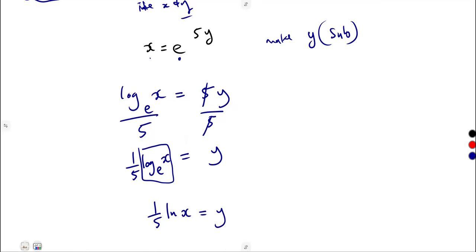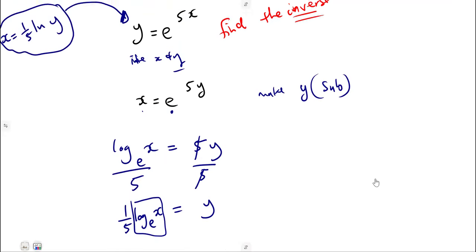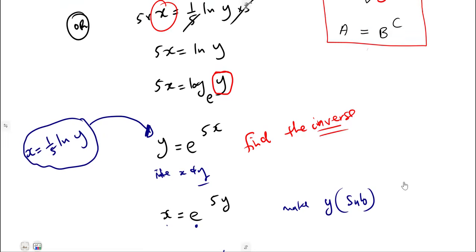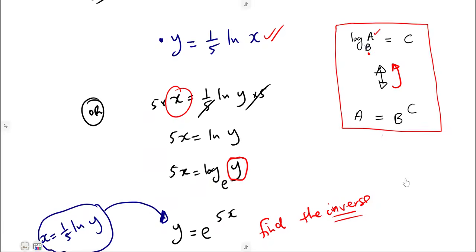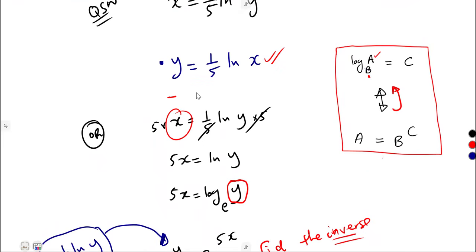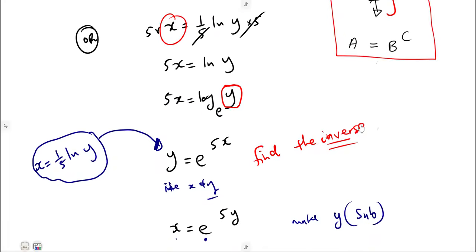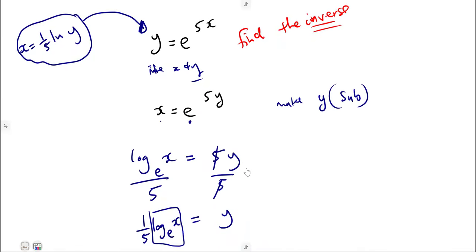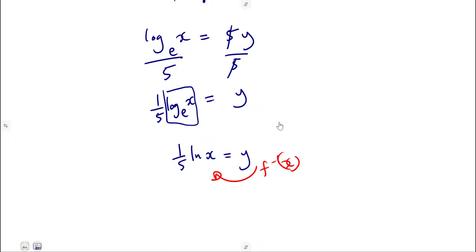That's our inverse. So y is equal to the inverse of x. Isn't it the same answer that we got there? 1 over 5 ln x. It's the same answer that we are getting.